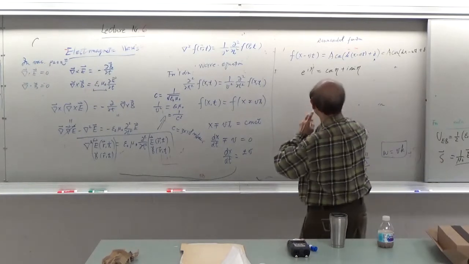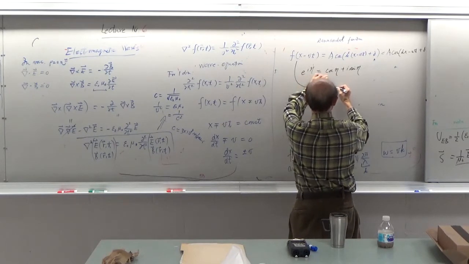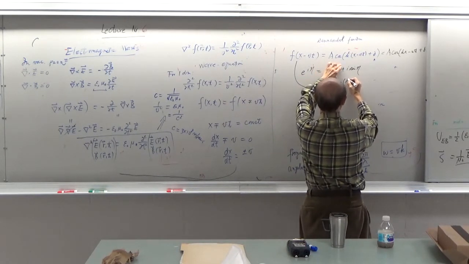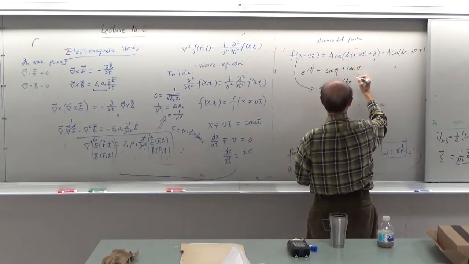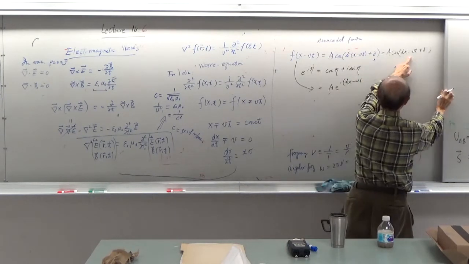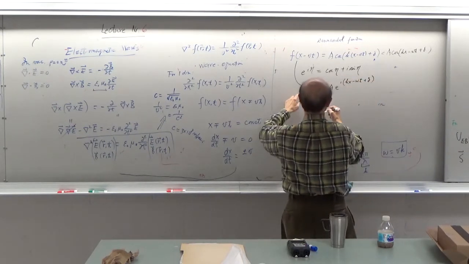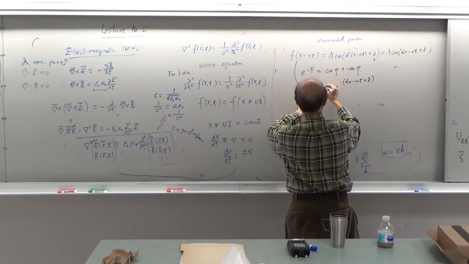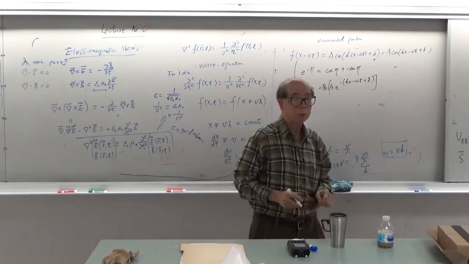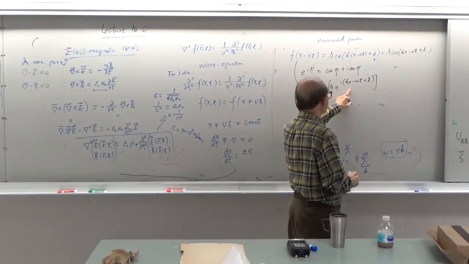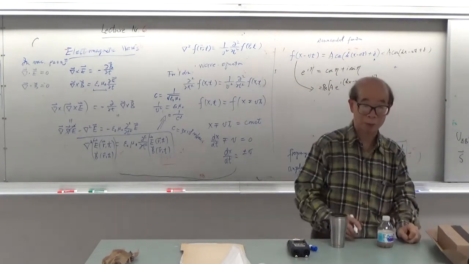Hence, this wave function can be written as A times the exponential of i times kx minus omega t plus delta, and the cosine part is the real part of this. We want to use this form because it is easier to deal with exponential functions than trigonometric functions.